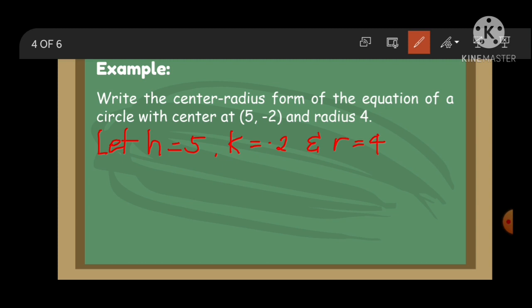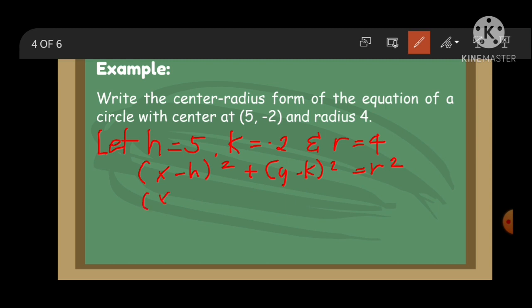Now, the center radius form is (x - h)² + (y - k)² = r². So, let us substitute now the given values.